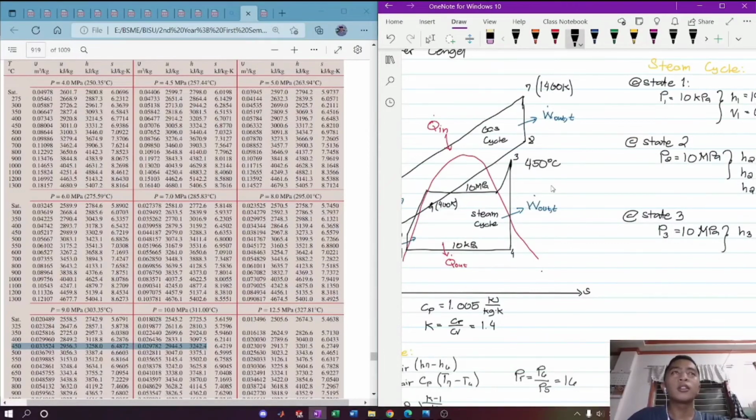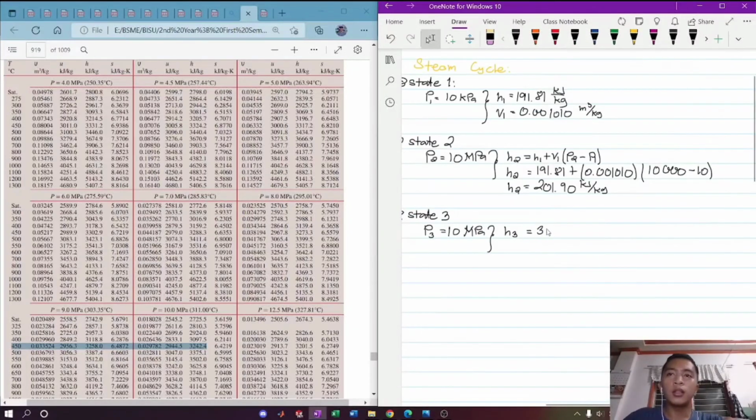So at 450 temperature and 10 MPa pressure, the enthalpy is 3,242.4 kilojoules per kilogram. So that is H3.